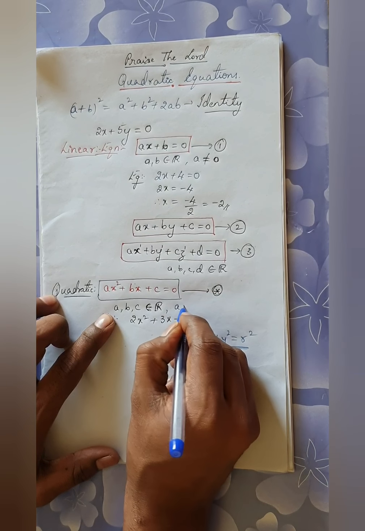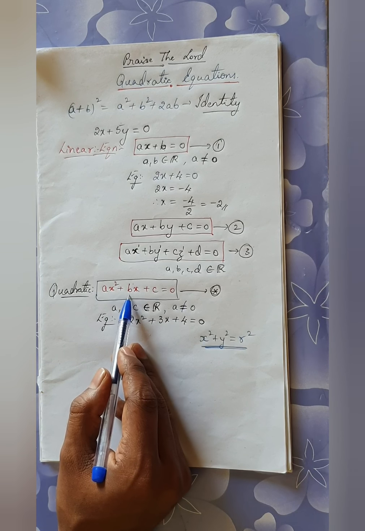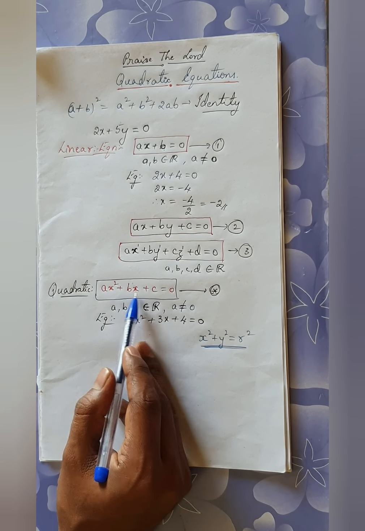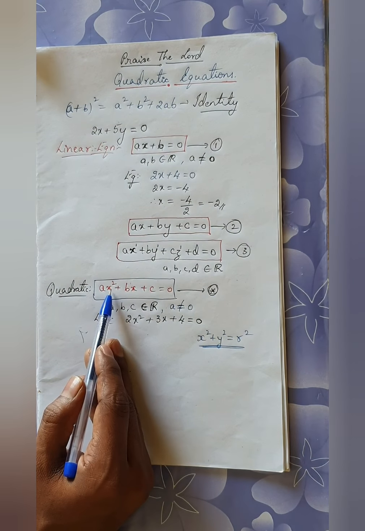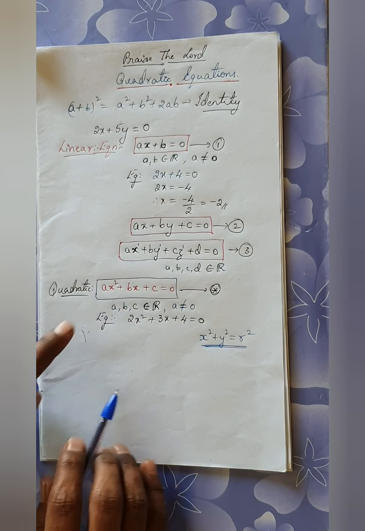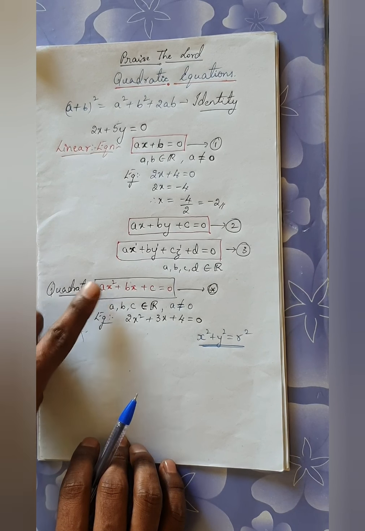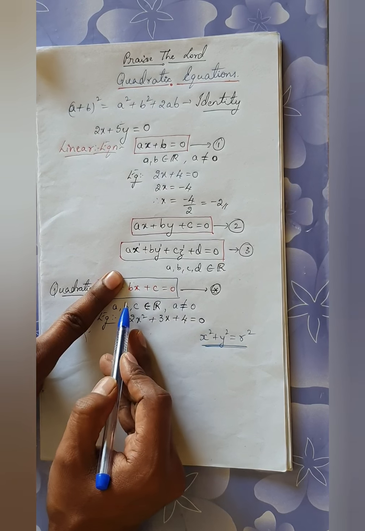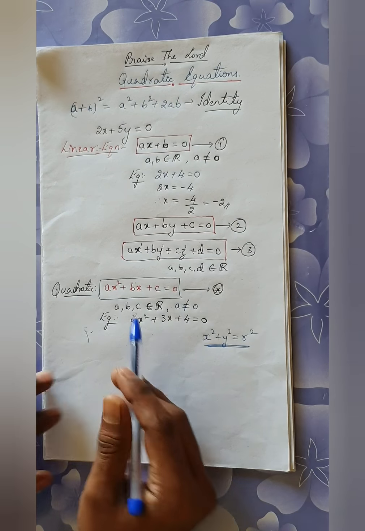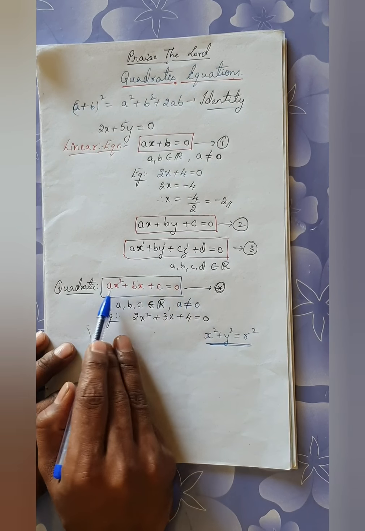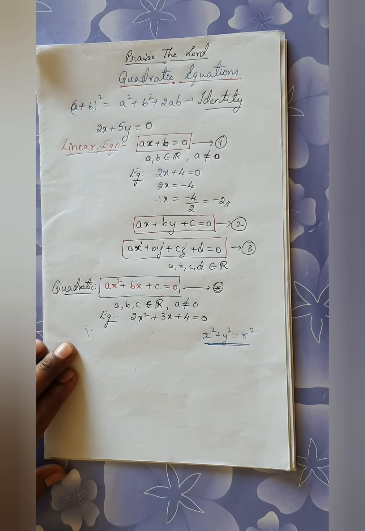Remember, in this case a should never be equal to 0. b can be 0, that is the coefficient of x can be 0, and the constant term can be 0, but the coefficient of x square should never be 0. When a is 0, this term vanishes, so the equation is no longer quadratic. That is why the one main condition for this equation to be quadratic is that a should not be equal to 0. b can be equal to 0 and c can be equal to 0.